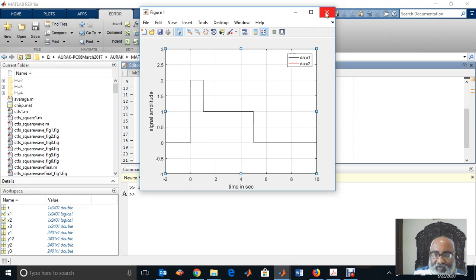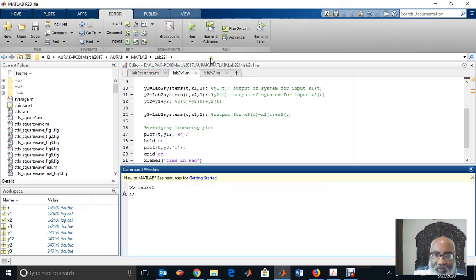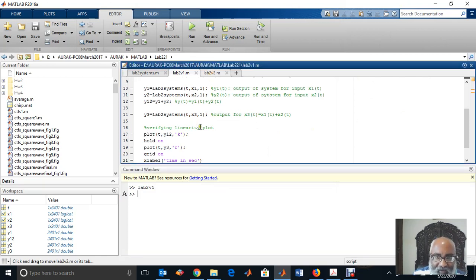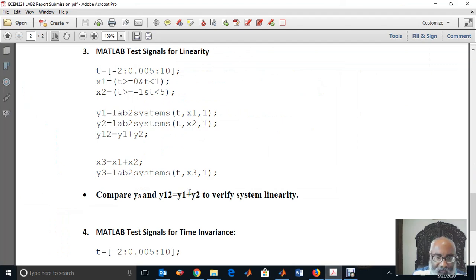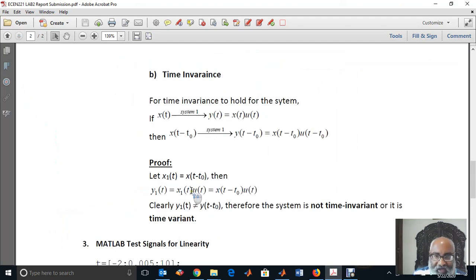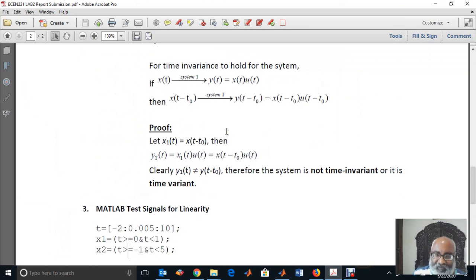Okay, now let's prove time invariance. Remember how we prove time invariance? What we do, we pass the input through the system and we get the output and we delay the output. This is the first case.